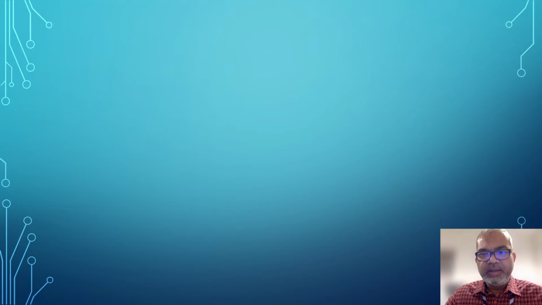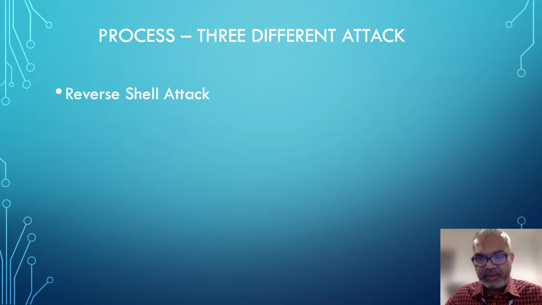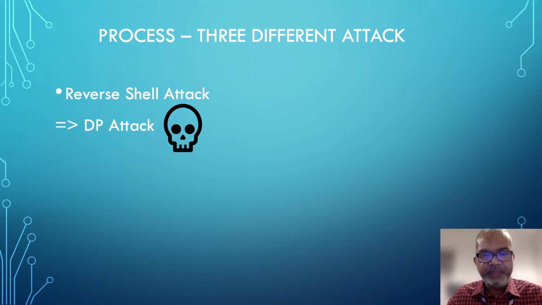To make this Access Lab more interesting and easy to understand visually, I portray those attacks with a short name and a logo. The first is the reverse shell attack, which I called the DP attack, because the idea is taken from the recent Dirty Pipe attack, and the logo is the skeleton of a human face.